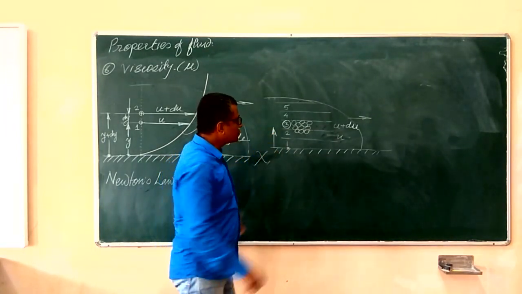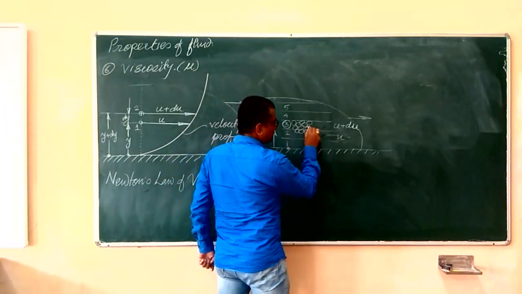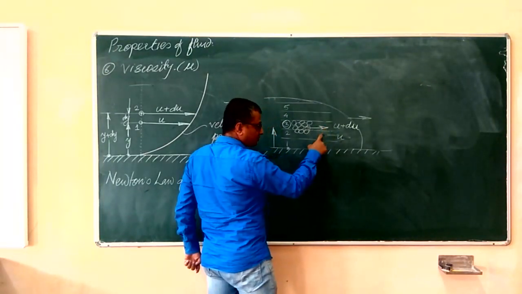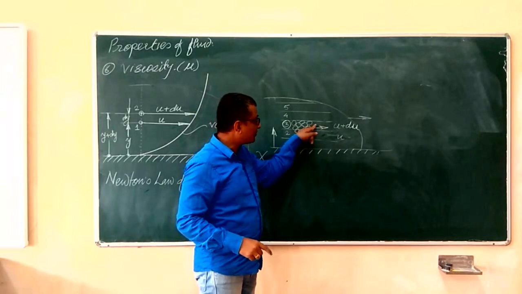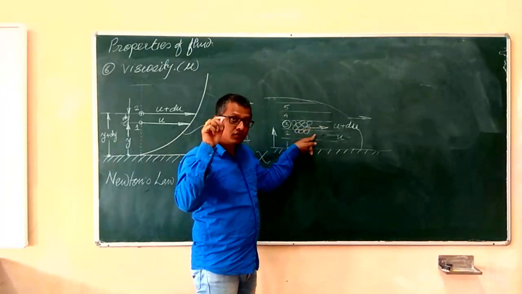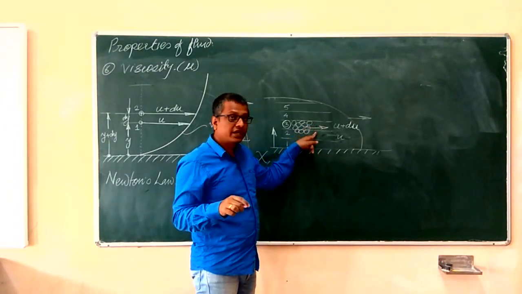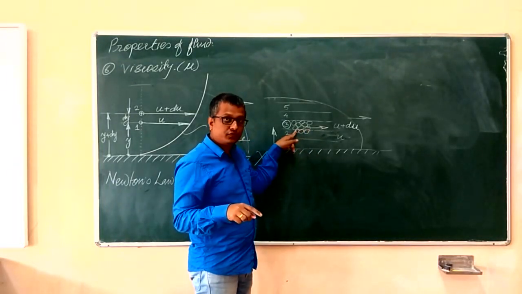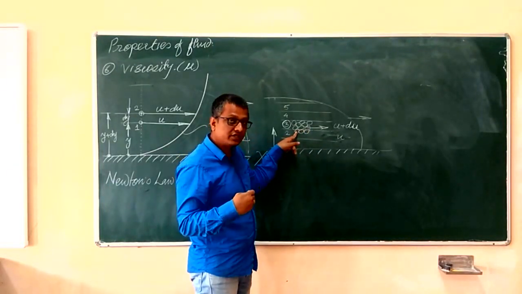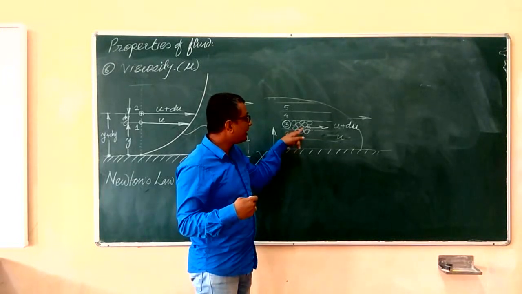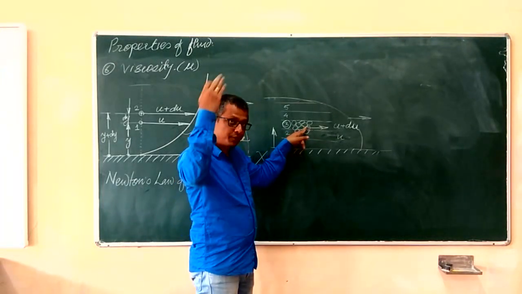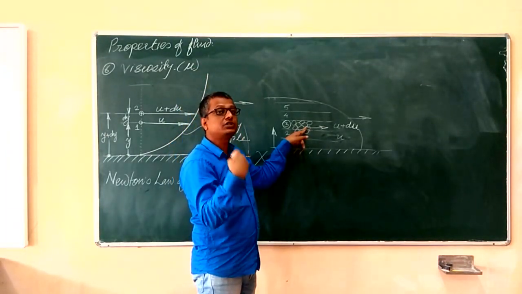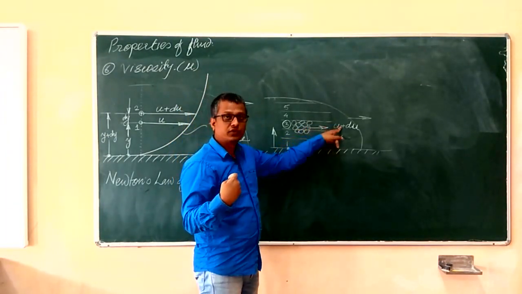So what is going to happen is, while this fluid layer is going in the forward direction, obviously the velocity of this fluid layer is more than that of this. It means there will exist a relative motion between these two layers, and as there is a relative motion, the fluid particles having the smaller velocity will exert a force onto the top layer in the reverse direction, the direction opposite to the motion of that top fluid layer.